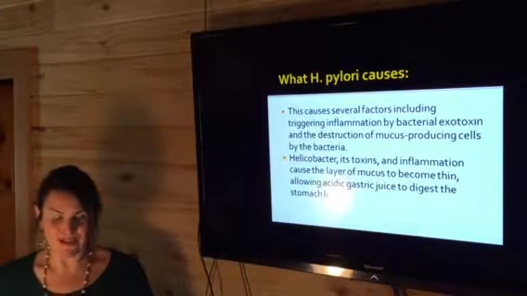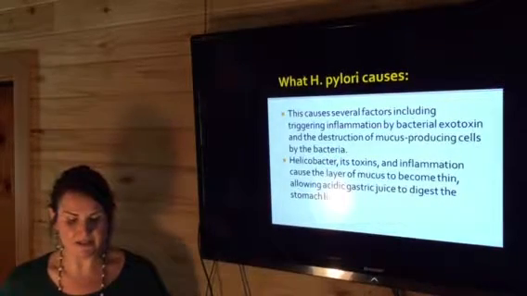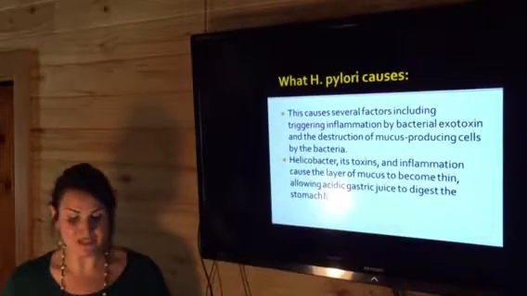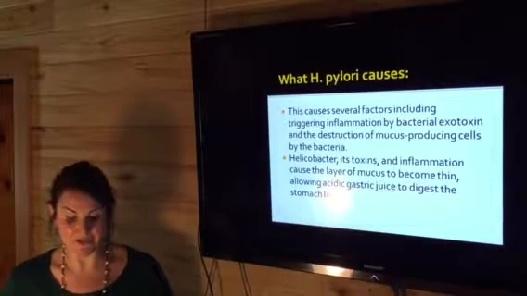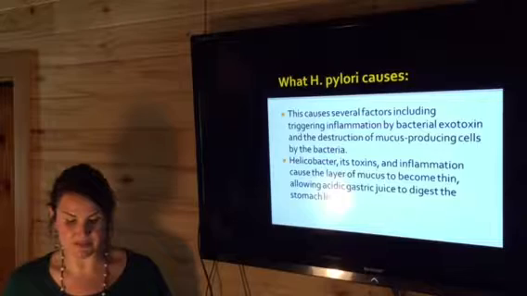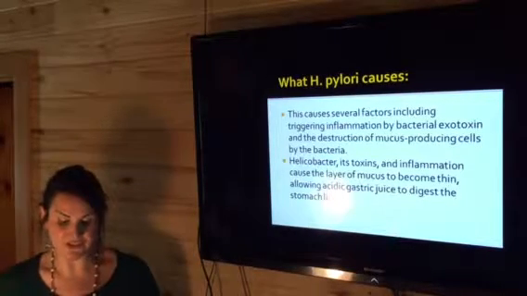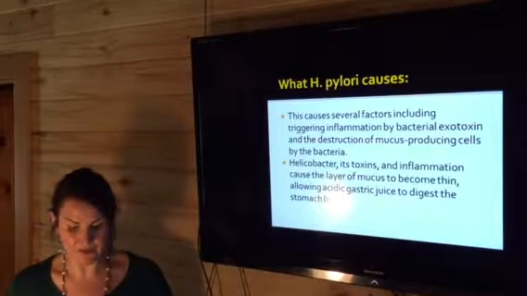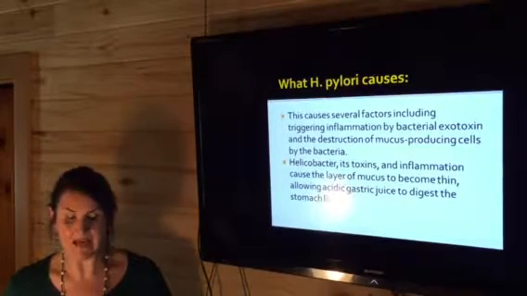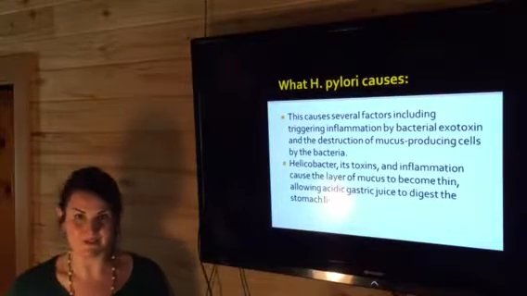What does H. pylori cause? This causes several factors, including triggering inflammation by bacterial exotoxin and the destruction of mucus-producing cells by the bacteria. Helicobacter, its toxins and inflammation cause the layer of mucus to become thin, allowing acidic gastric juice to digest the stomach lining.